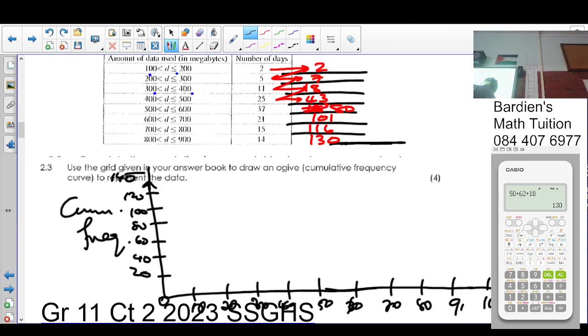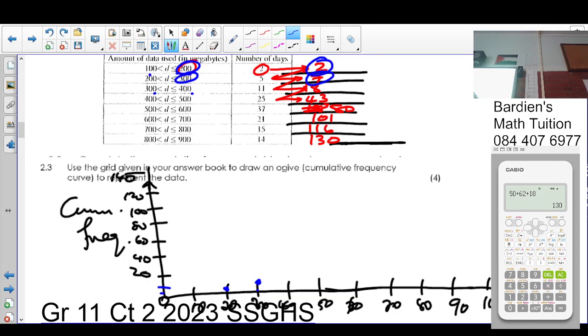Okay. So when we plot, we plot the endpoint against the cumulative frequency. So it's the endpoint plus the cumulative frequency. So it's 200 and 2. If this is 20, that is 10. Very close to 0, you'll get 2. Then we have 300 and 7, so this is going to be less than 10.